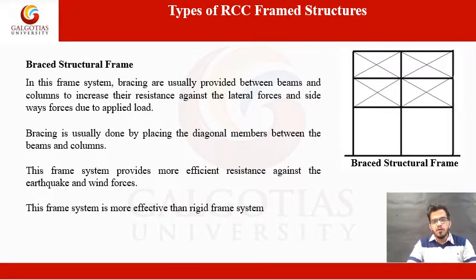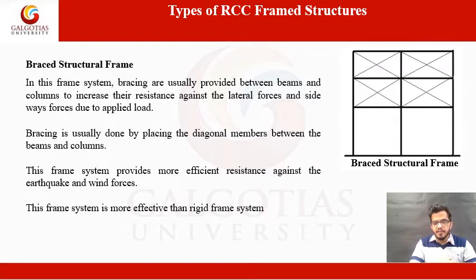So if we talk about the types of RCC frame structure, we have many types. One of the types is the brace frame structure. In this frame system, bracing is usually provided between the beams and the columns to increase their resistance against the lateral and sideways forces due to applied load.